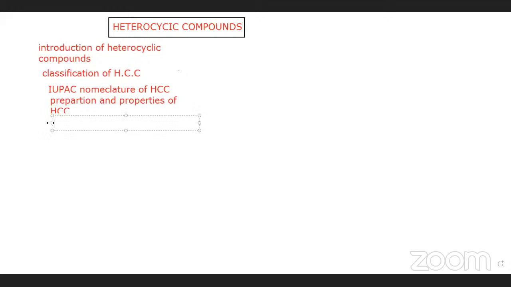In the preparation and properties, we will discuss pyrrole, furan, and thiophene. Next one is pyridine.